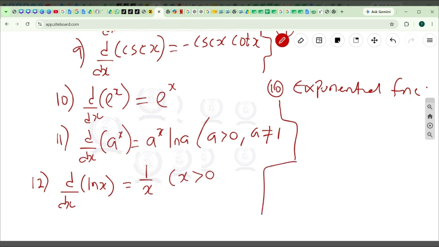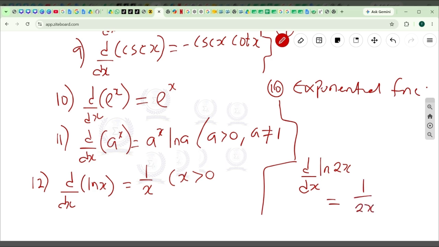So if you're asked to differentiate, let's say, ln 2x, what that simply means is 1 over 2x.